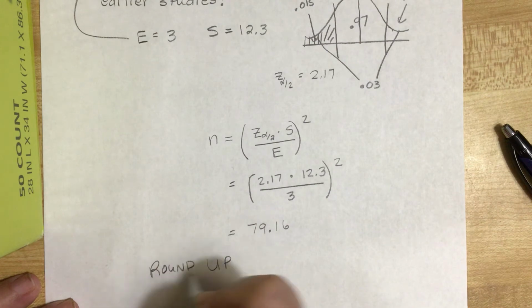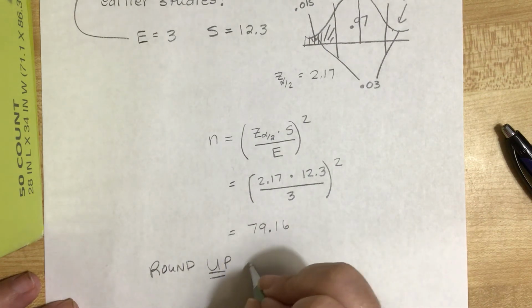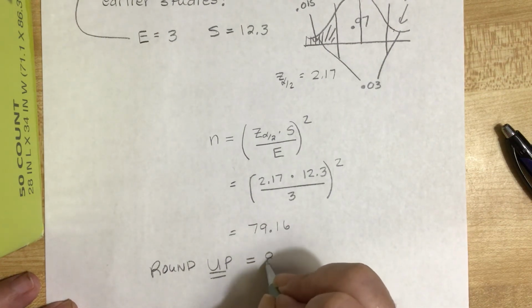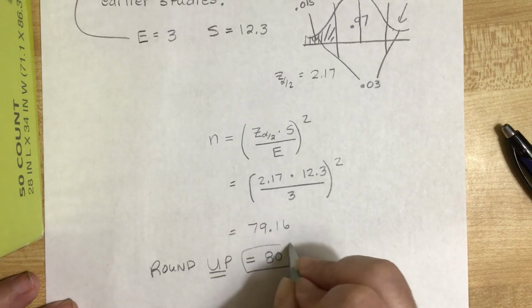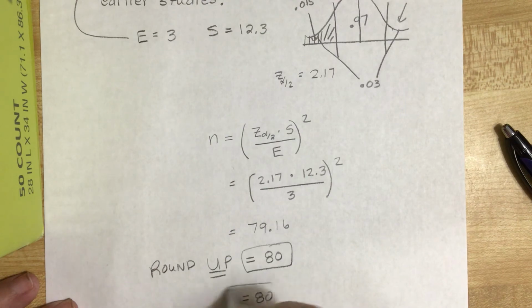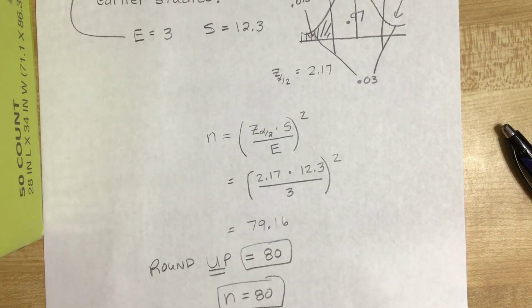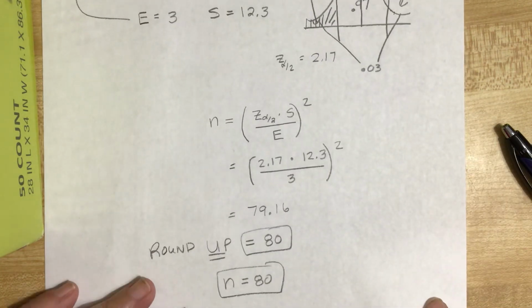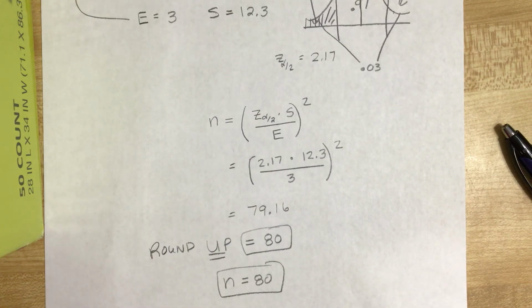So even though that is 0.16, this is going to get rounded up to 80. So we need a sample size of 80 in order to be 97% confident that the population mean will be within 3 days of the true population mean. And that is how you find minimum sample size. Thanks, guys.